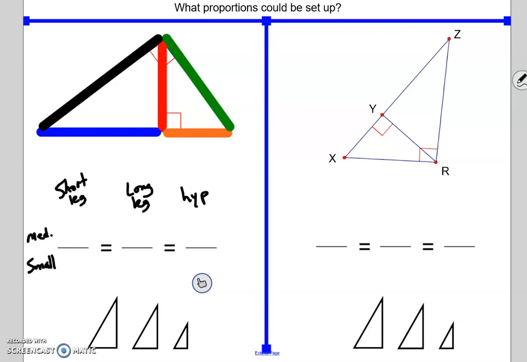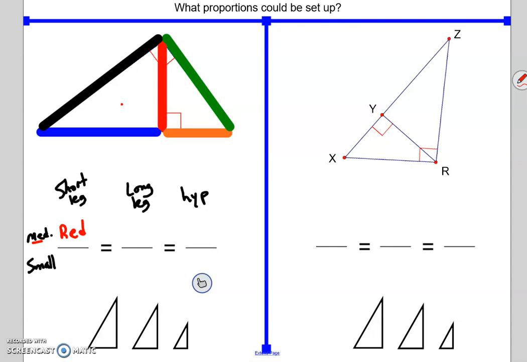Okay, and I'm really going to encourage that you always set up your proportions this way, where you're labeling what's going to go in the numerator, what's going to go in the denominator, and what's going to go on each one of those ratios, because then it's just a matter of identifying the triangle and filling in what you have there. So if I'm looking at this section right here, I'm looking at the medium triangle, which is this guy, and I'm looking for the short leg within that medium triangle, which is really, in this case, the red segment.